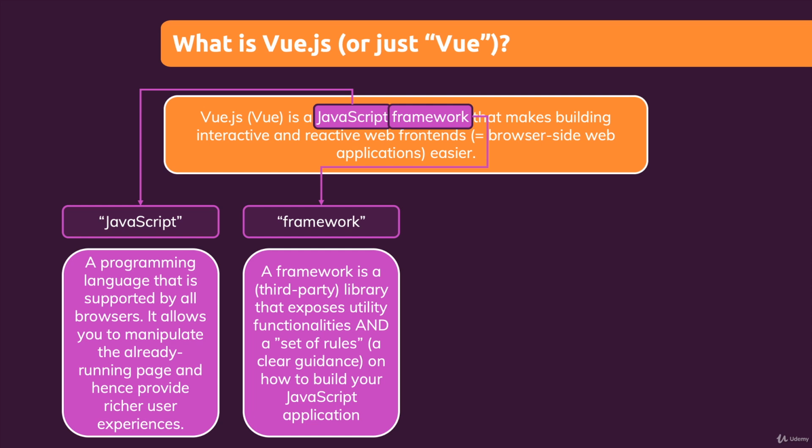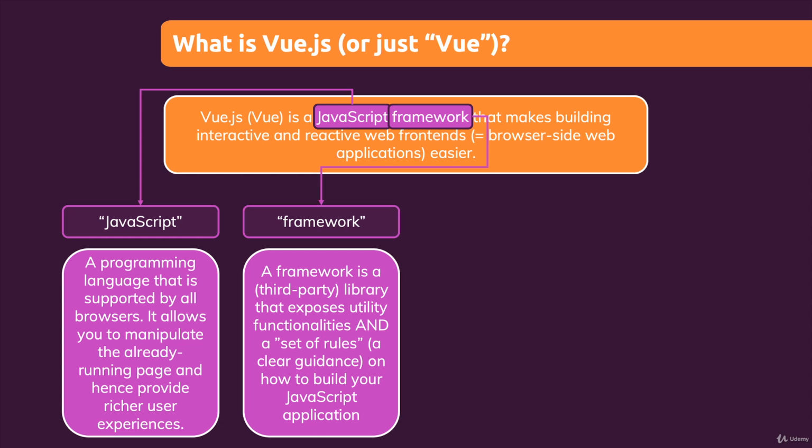Unlike a regular library, a framework is a library that does not just give you those extra functionalities, but which also gives you a set of rules, you could say. It gives you a clear guidance, a clear approach that you should follow when it comes to building your application. It basically gives you a clear idea and structure of how to write your application code. So it's the utility functions plus the rules.